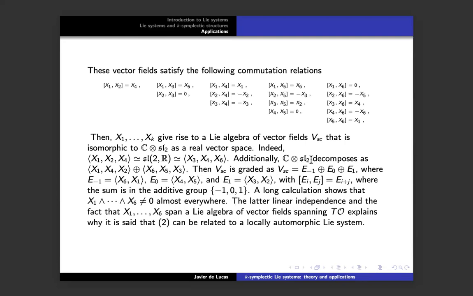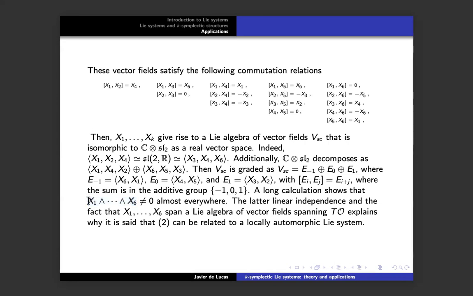You ask me, fine, what are you going to do with this? The important thing, because this is used many times, and it's key for using a lot of structures to describe systems, is the following. One important thing about these vector fields is that they are linearly independent at every point.